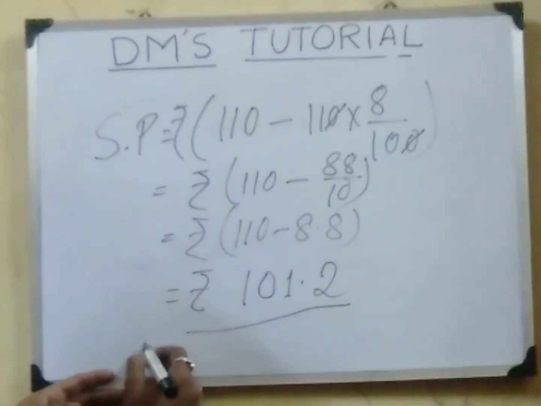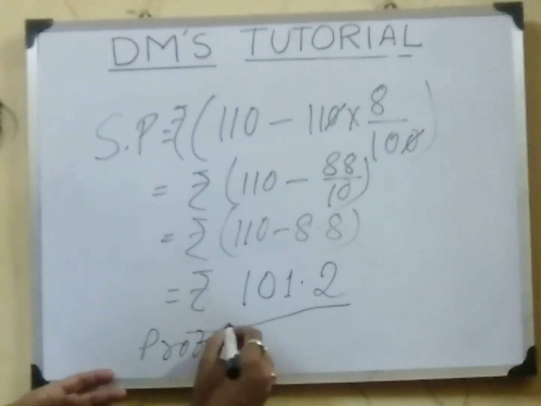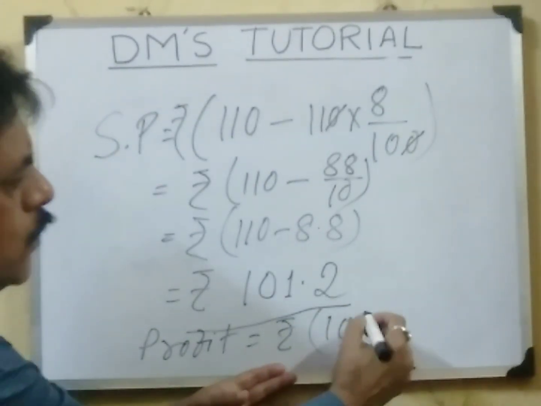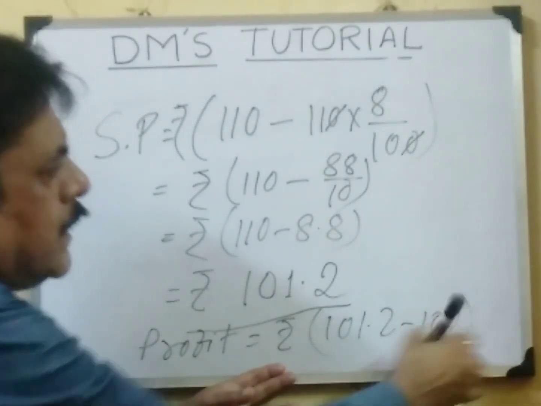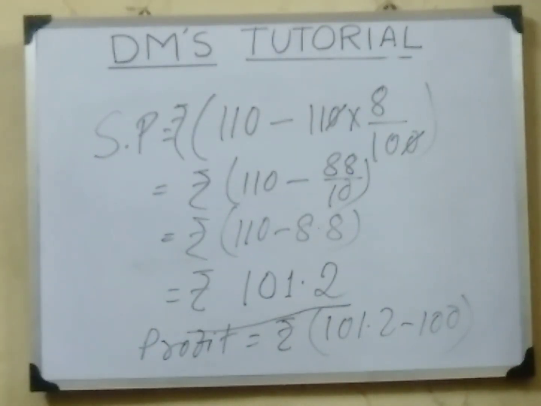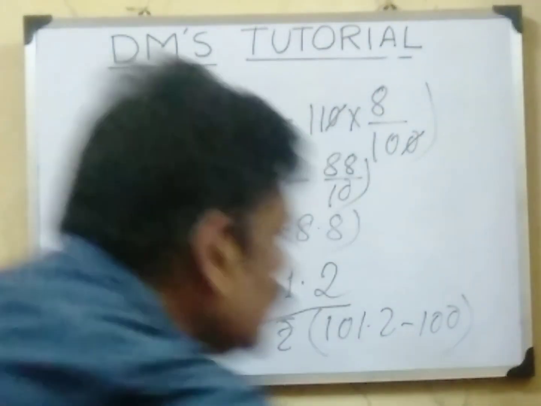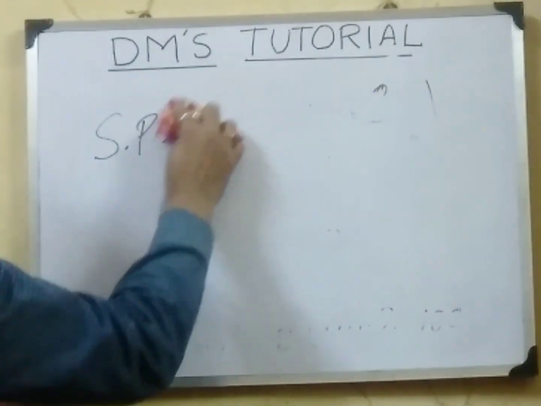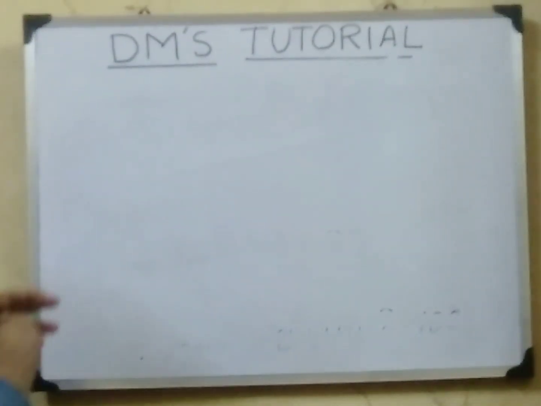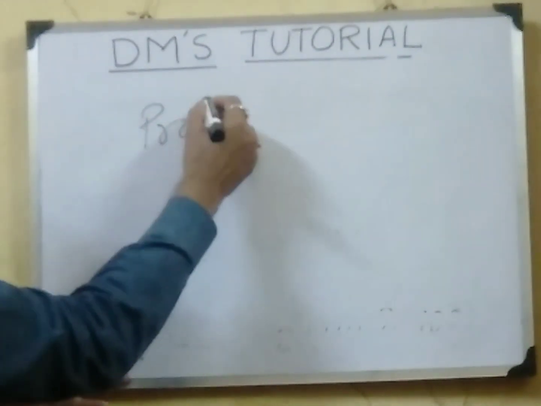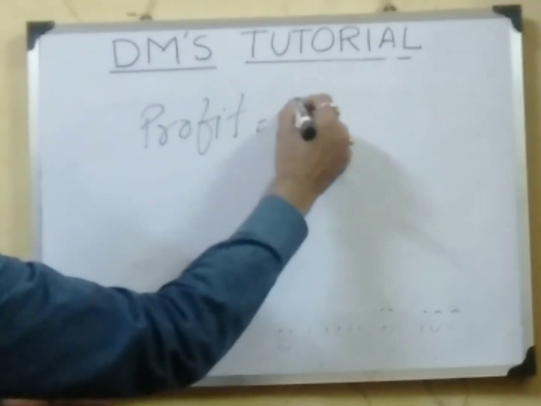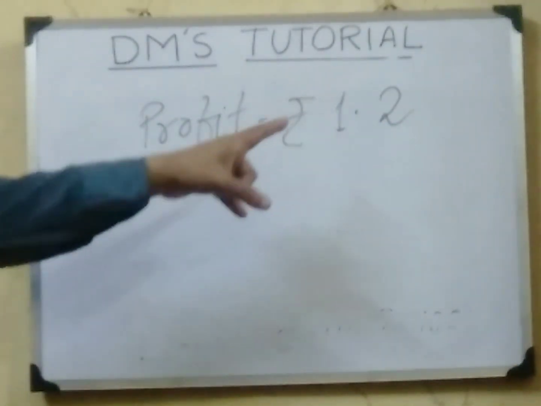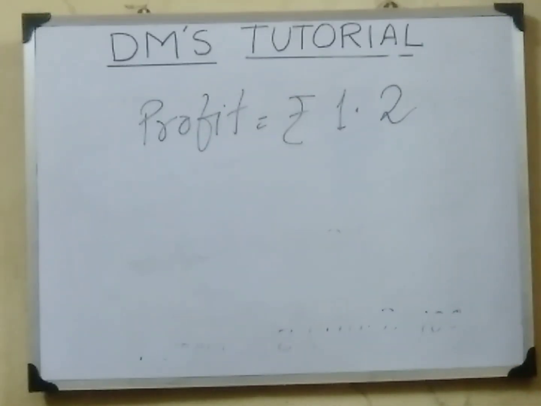So the profit equals to rupees 101.2 minus 100, that is 1.2. This is the profit amount out of 100.